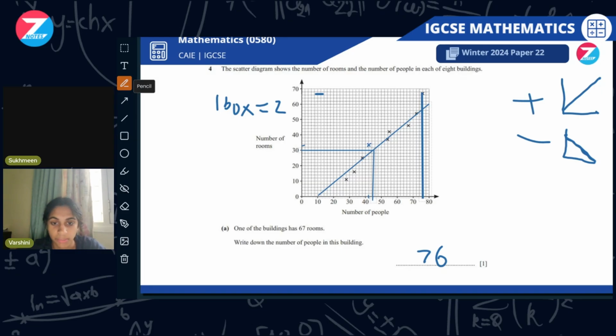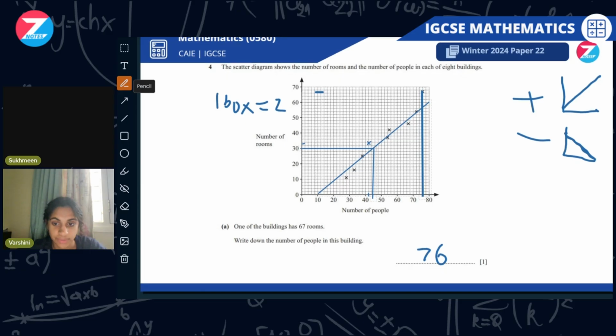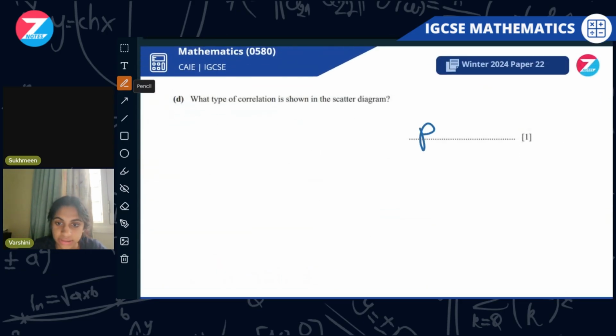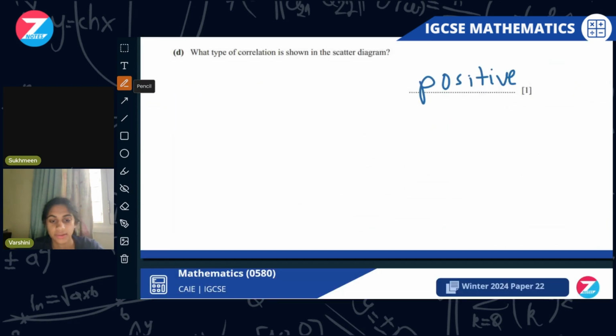We can see that both the numbers have increased, and it follows like that for all of these. All these points are roughly increasing together for both the number of rooms and the number of people. So we can say that the correlation is positive.